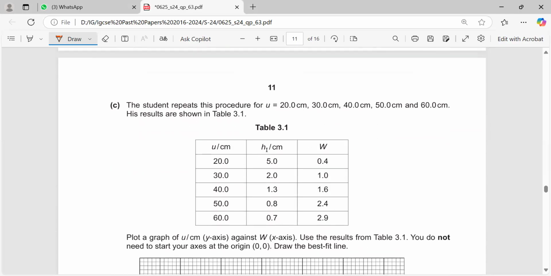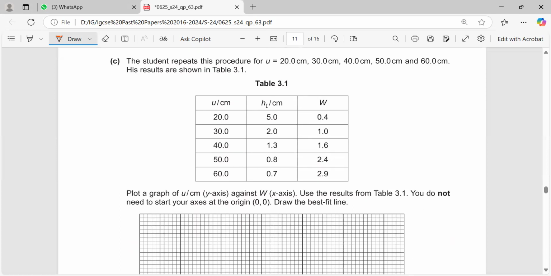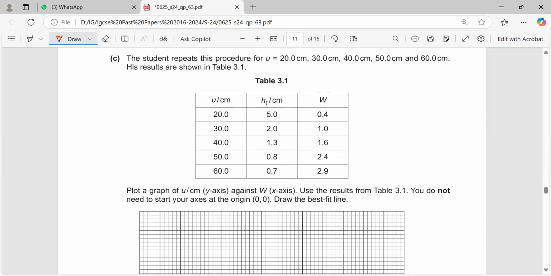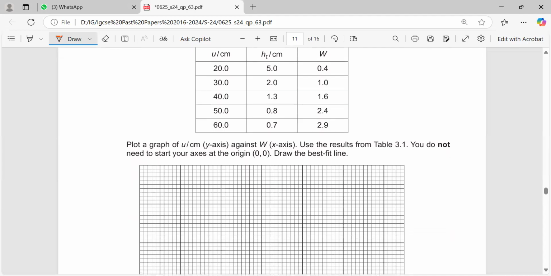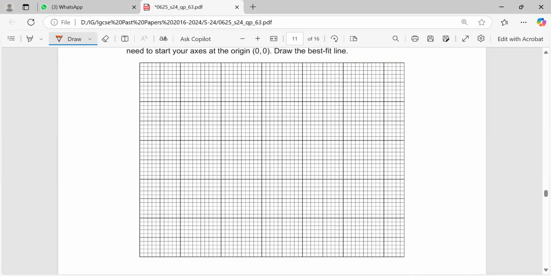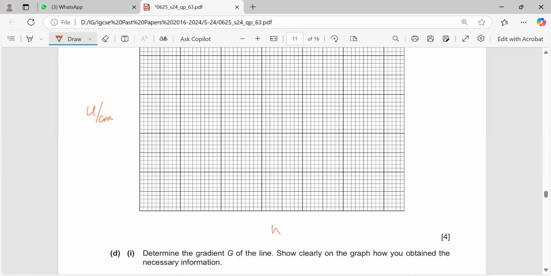Next, the table is given to us. The student repeats this procedure for u equal to 20, 30, 40, 50, and 60 centimeters. His results are shown in table 3.1. u values are given, h1 values are given, m values are given. Plot a graph of u in centimeters on the y-axis against m on the x-axis. First of all, u in centimeters and m on the x-axis.